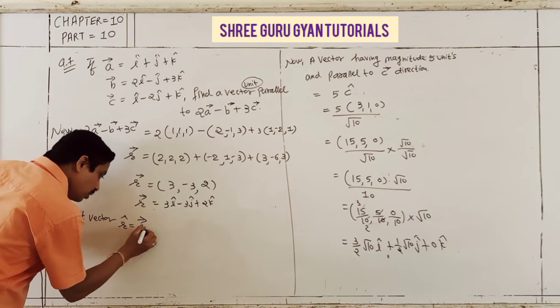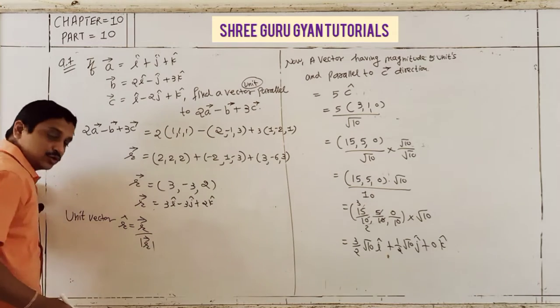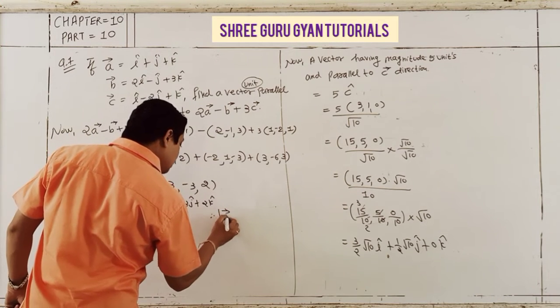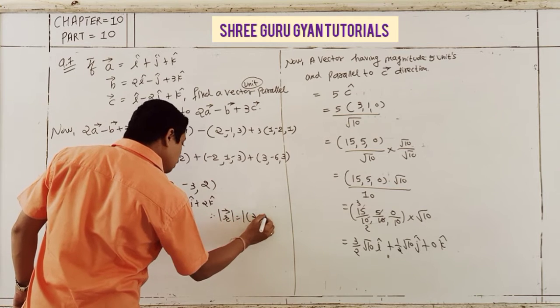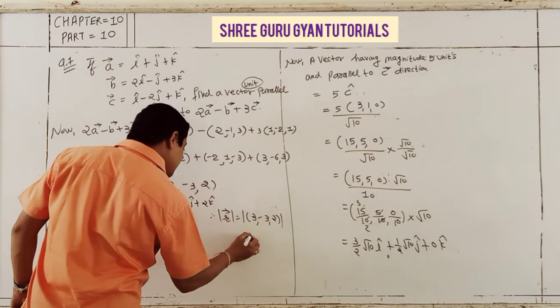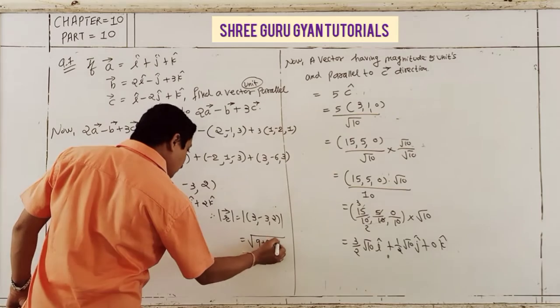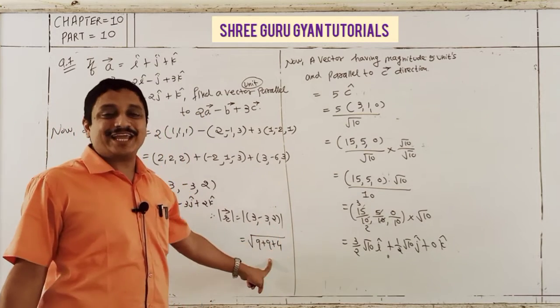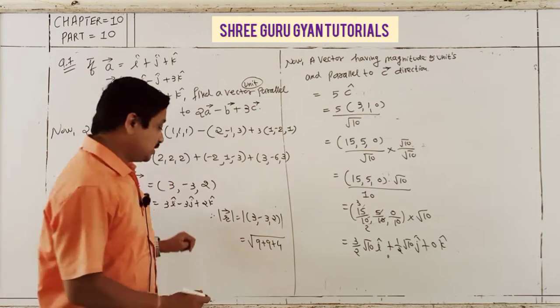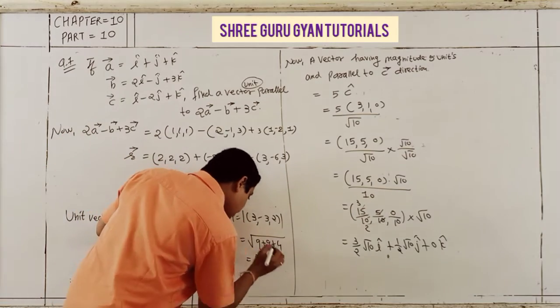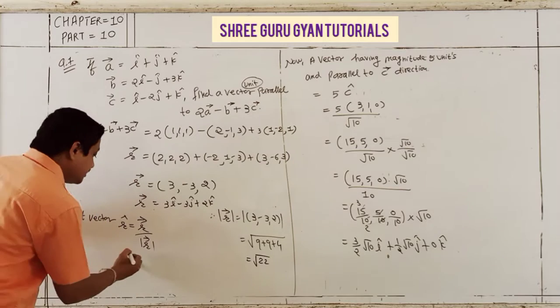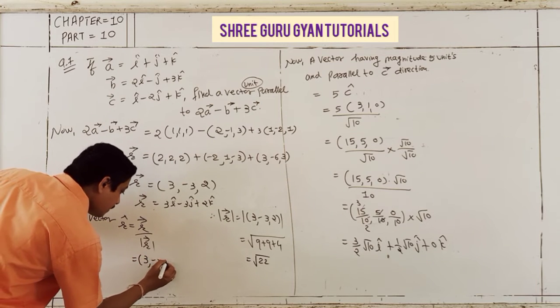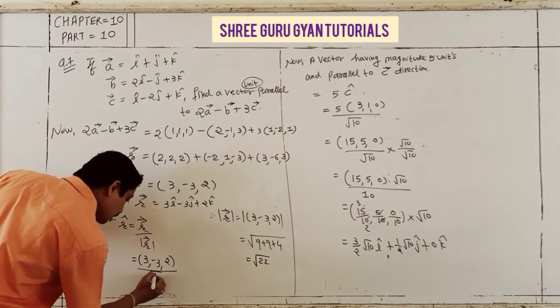R upon modulus R. So students, first define your modulus R. It will be 3 square, 3 square and 2 square: 9, 9, 18 and 4, 22. So the unit vector is (3, -3, 2) by root 22.